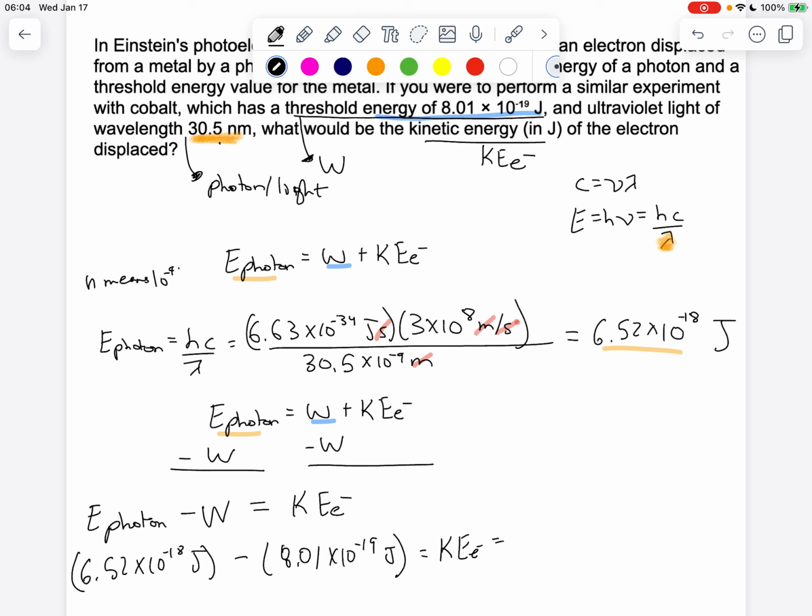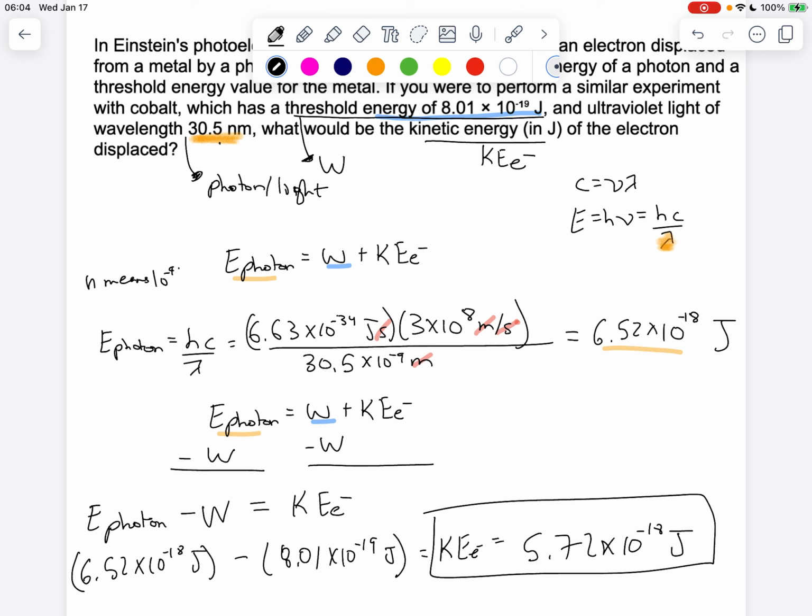And that gives us 5.7. How many sig figs do we get? We do get 3 here. We've got 3 in everything else. So 5.72 times 10 to the minus 18 joules.